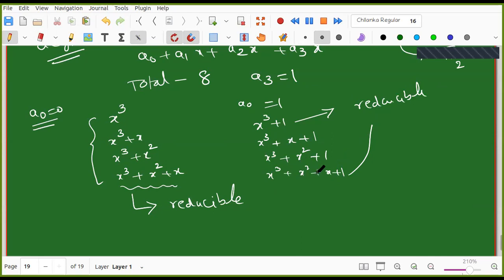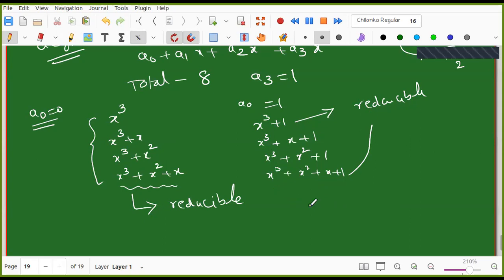Can you give me a common reason? Even number of terms. This has 2 terms, this has 4 terms. So when I substitute 1, I am adding 1 two times or four times. So 1 is a root.